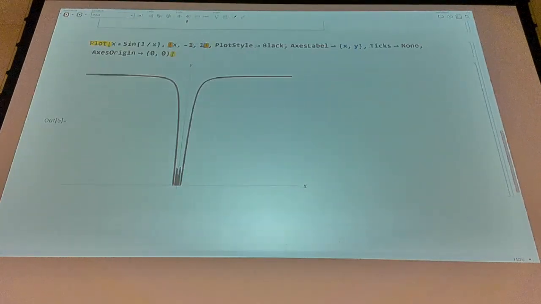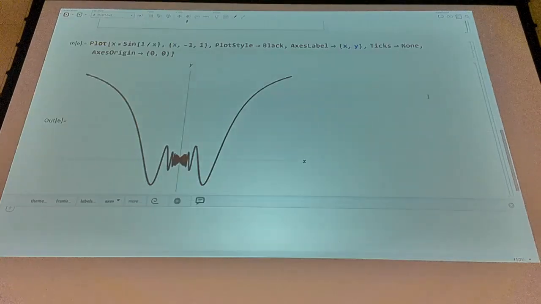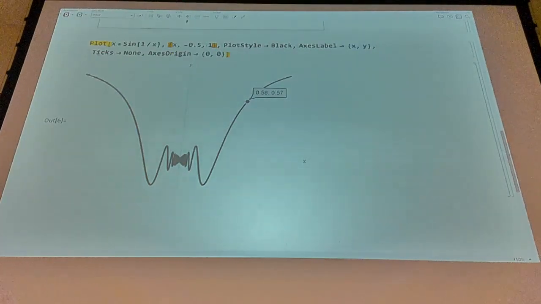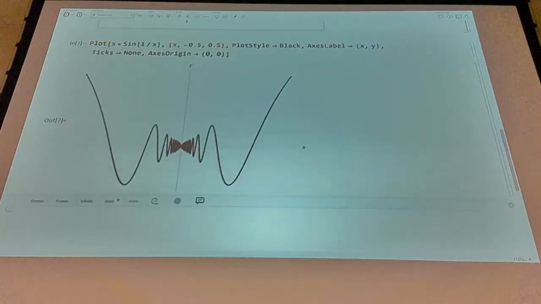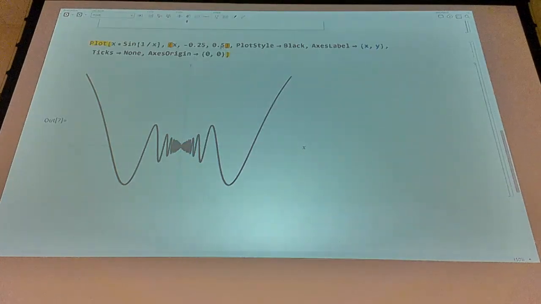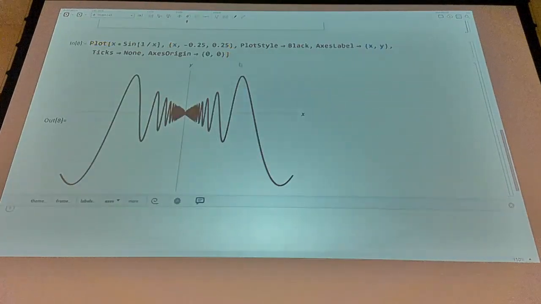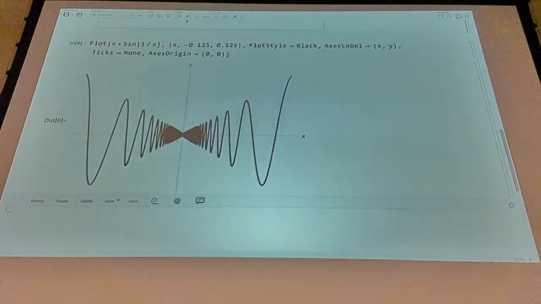Which is why we only care about there. Instead, let's zoom in further, though. I don't know, -0.5 to 0.5. See what happens as we zoom in? Oh, not much. Notice what's happening as I get close, as I zoom in more and more.